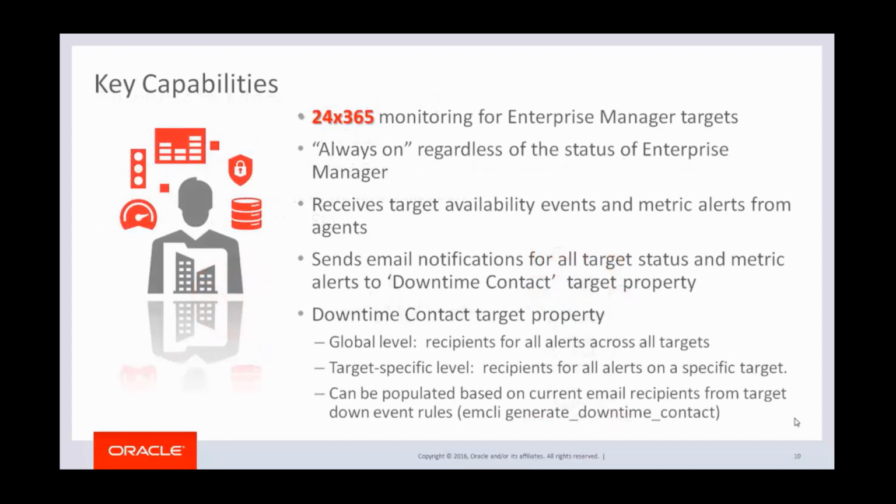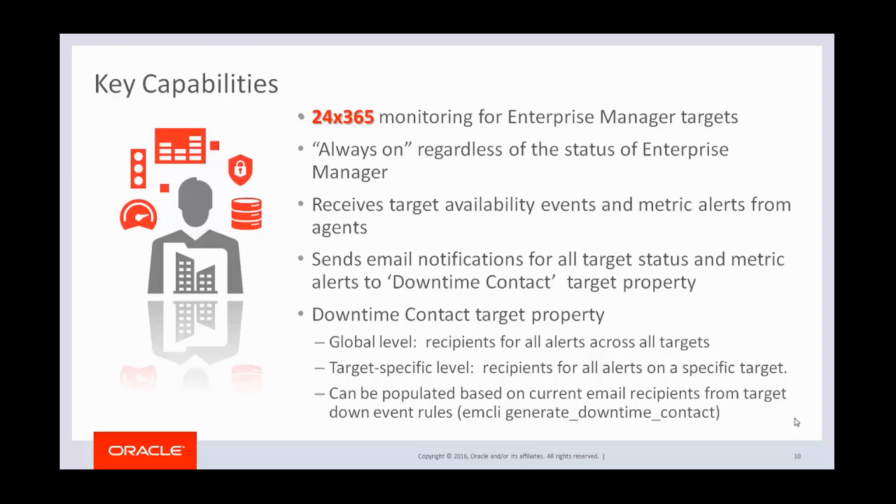And key features. Always-on monitoring, as the name states, provides 24/365 monitoring of Enterprise Manager targets. And because the installation is completely separate and independent from EM, it can be always on regardless of the status of Enterprise Manager. AOM receives target availability events and metric alerts from agents in parallel to what the agent does with OMS.